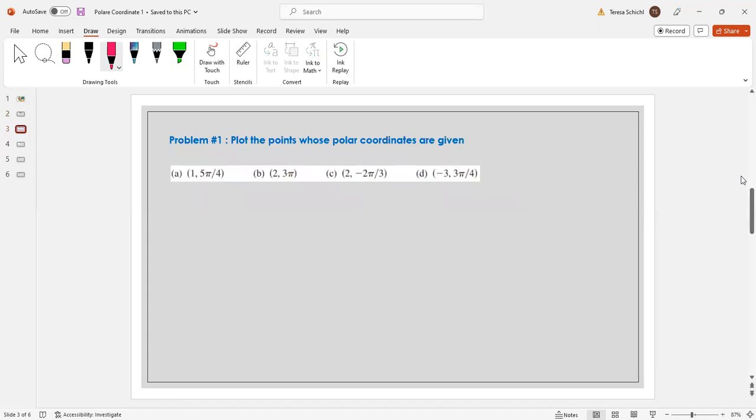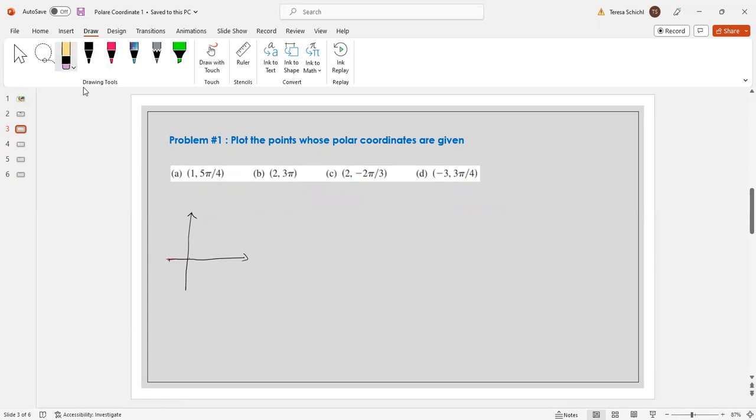So let's get familiar with how to represent the points. Remember, the positive axis is the polar axis here.